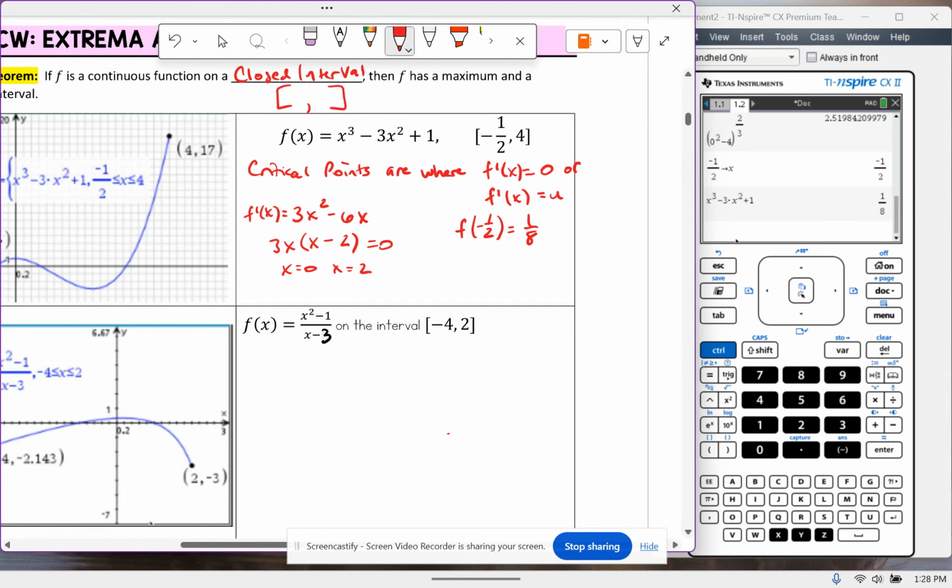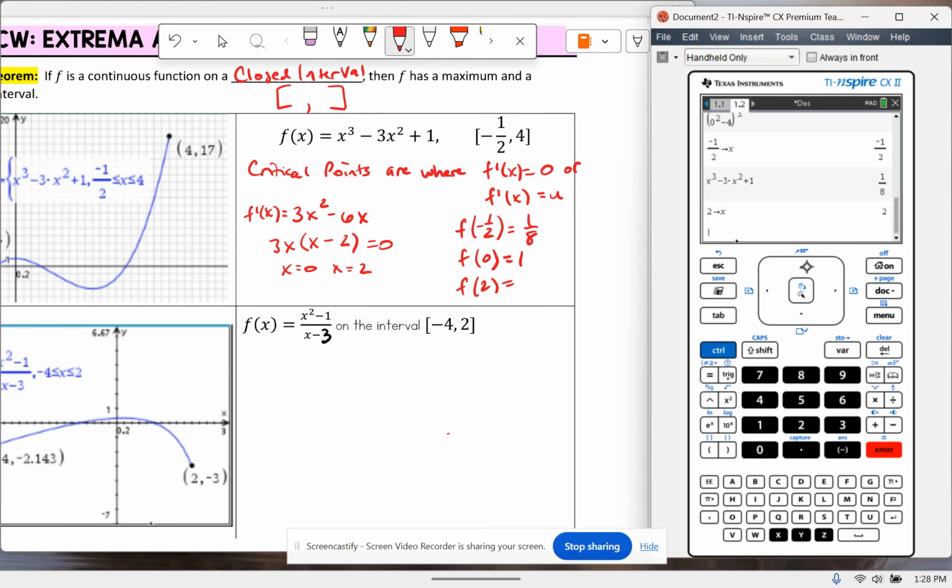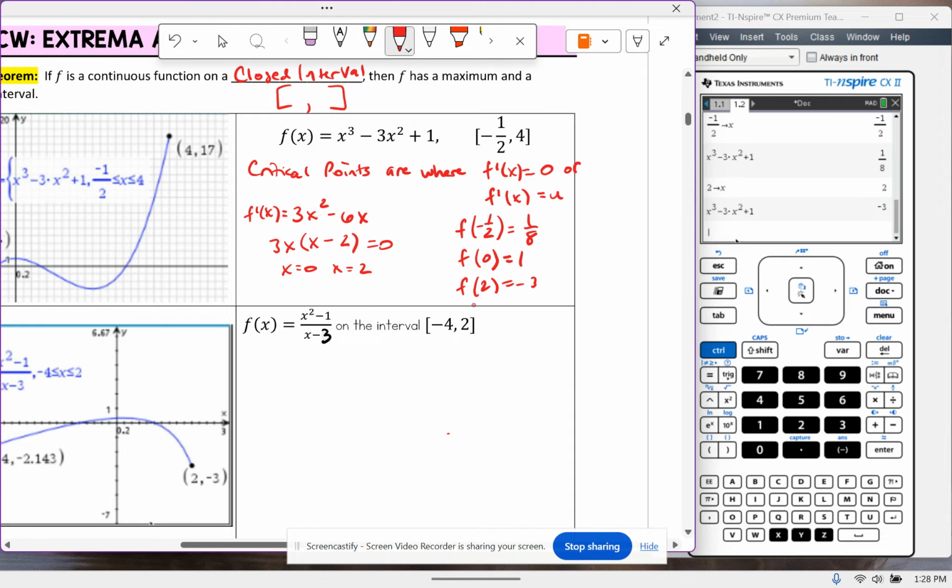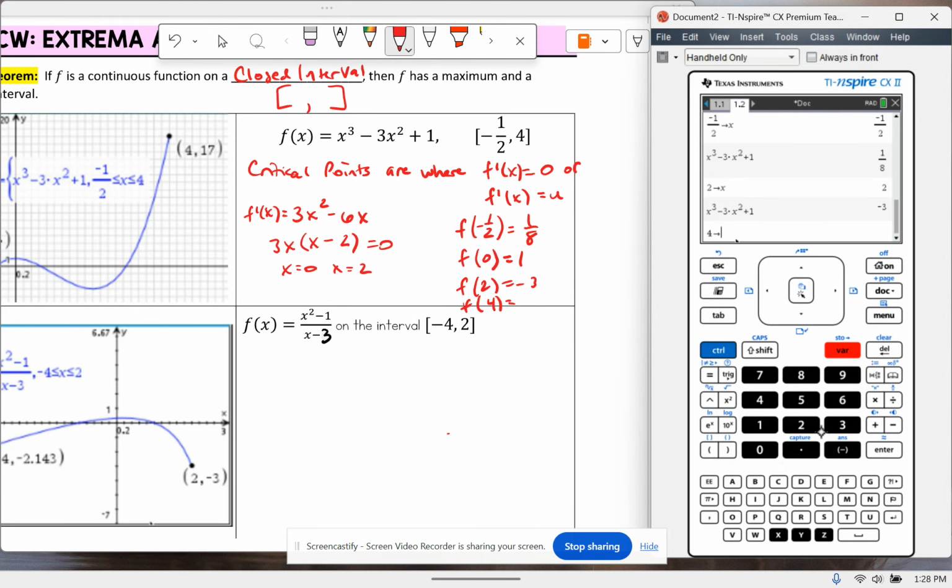So if I want to see where this guy is, you could just do 0 on your own, right? F of 0 is going to be 1. F of 2, you could just do 2 store for x and then pick up the other one and it'll tell you the answer. And then F of 4, store for x, pick up the other one.